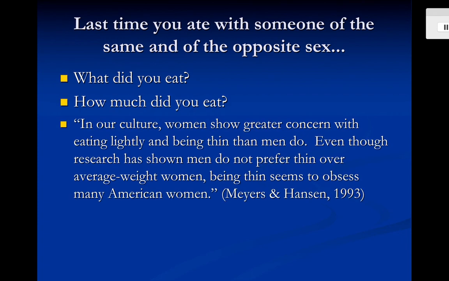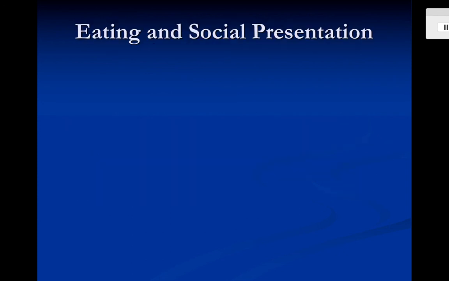How much did you eat? And then this little narrative of some researchers in terms of what they found in our culture as to how men and women interact in terms of their eating habits. It's a little study of some researchers back in the 1990s who looked at this particular issue of eating and how it affects individuals' social presentations.